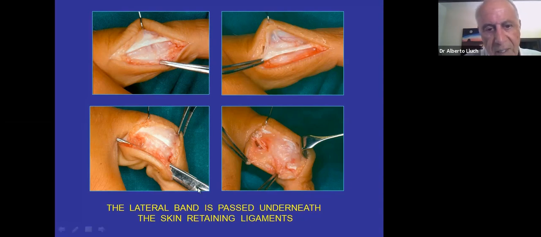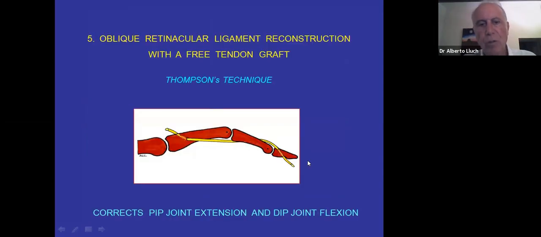We pass a clamp underneath Grayson's and Cleland's ligament, and then we pass the lateral band underneath Grayson's and Cleland's ligament. By doing so, we move the lateral band from dorsal to volar, and we suture it proximally at enough tension as to prevent extension of the PIP joint.